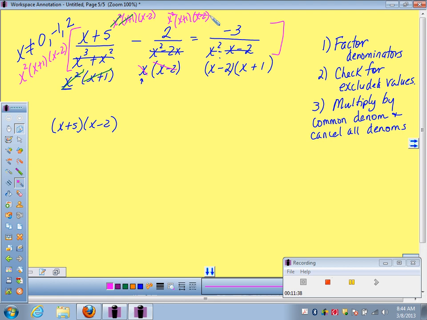So what's left? 2x, a minus, and an x plus 1. I canceled one of the x's. The 2 that was already there is left. The x is left. The x plus 1 is left. You've got to look at what's left on the original fraction as well as what you were multiplying by.